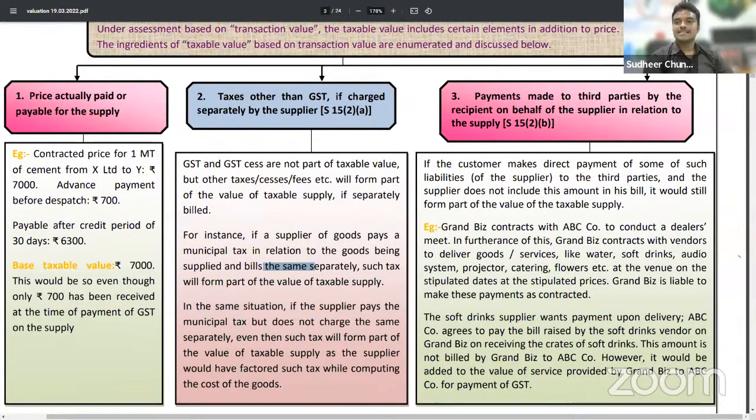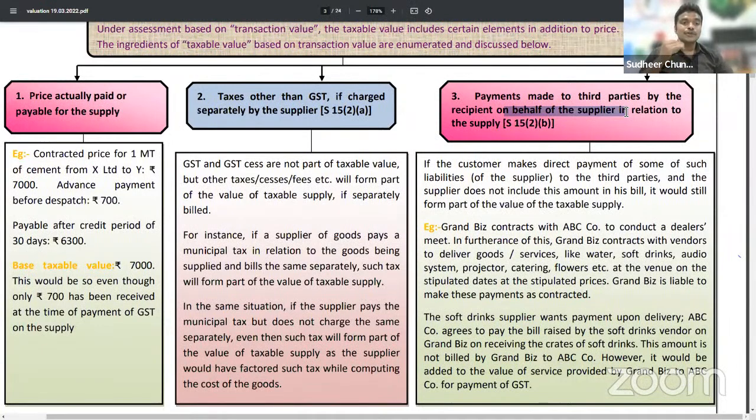Okay. So next thing, payment made to third parties by the recipient on behalf of the supplier. On behalf of the supplier. So for example, I have provided service to you, sir. I am the service provider, you are the service receiver, for a consideration of rupees 1 lakh. Now you have to pay me 1 lakh and I will pay GST on rupees 1 lakh. 1 lakh plus GST I will collect from you.